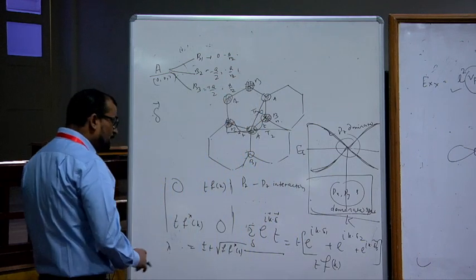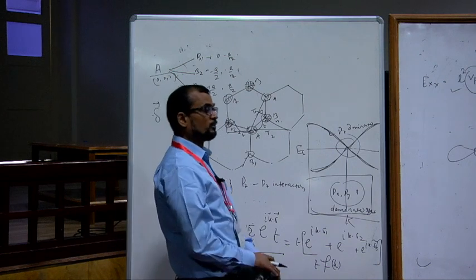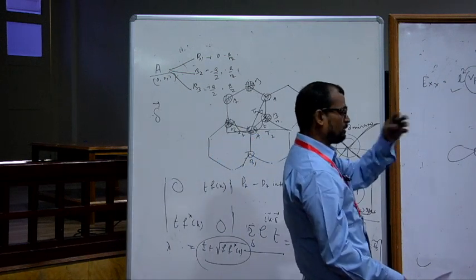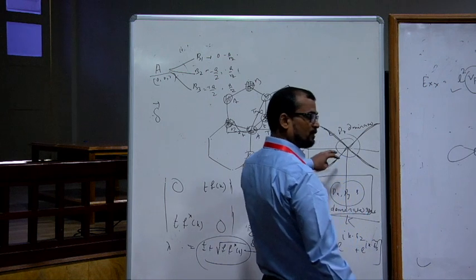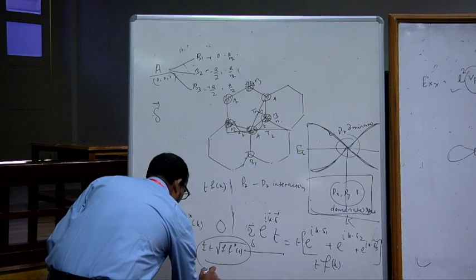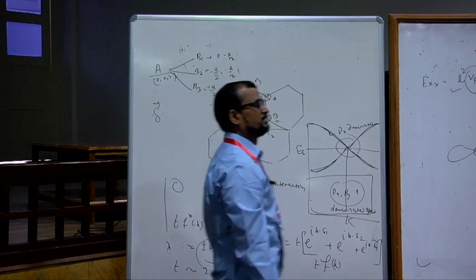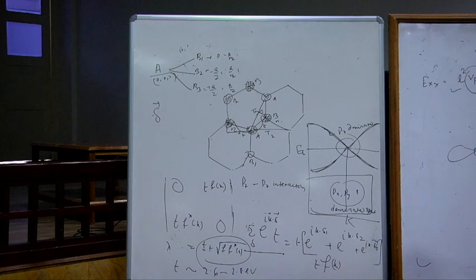Okay, and if you fit this expression with the all electron band structure picture, or if somebody has got it by some means of experimental study, then you will find roughly that your t is something like 2.6 to 2.8. Okay.